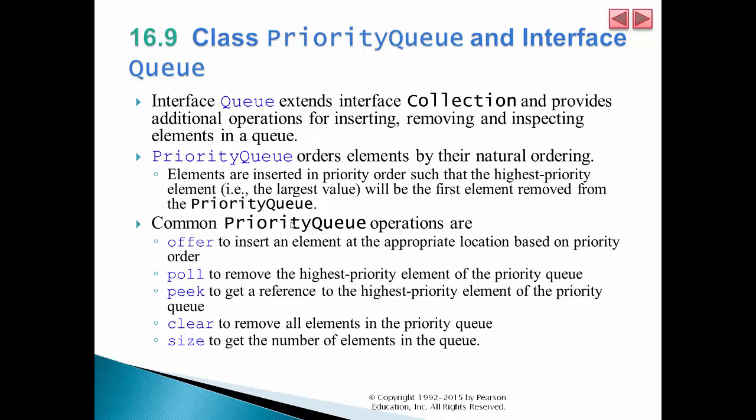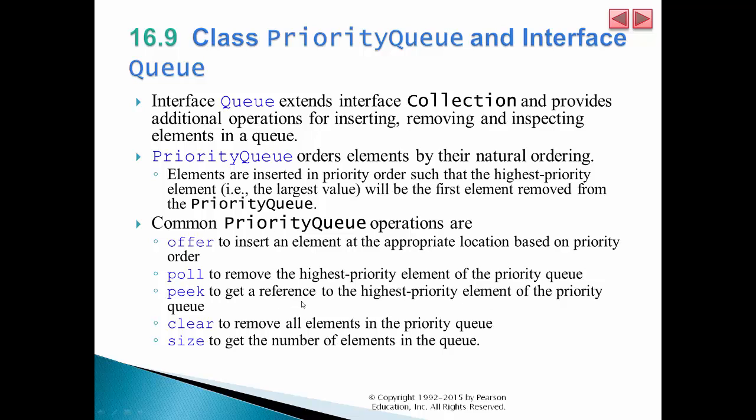Another data structure that is available is a priority queue. Do you know what a priority queue is? It adds the elements in a random order, but it dequeues the elements from the queue depending on their corresponding priority. Poll is something you can use to remove the highest priority element.